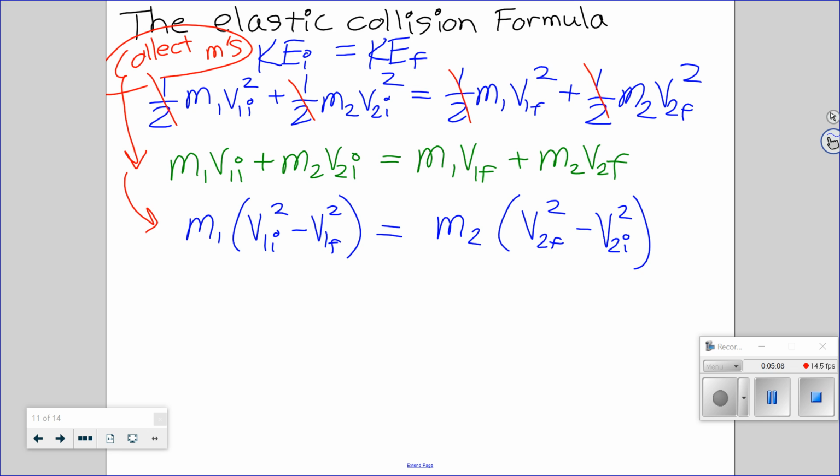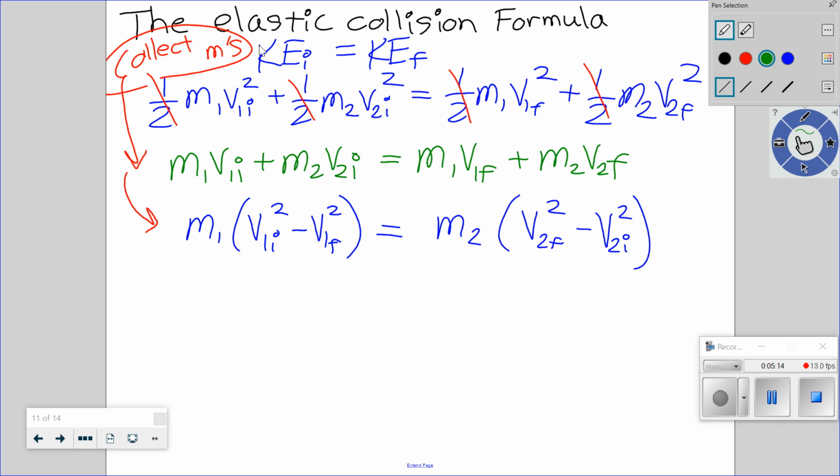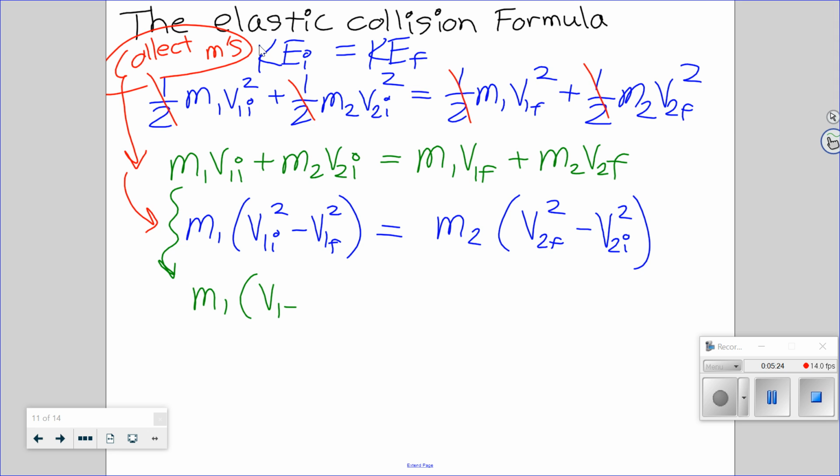Okay, but let's do that to the momentum equation too and see what happens. So I do my M1 term. So I have mass 1 times V1 initial minus V1 final. Looks okay. And over here I've got M2. Oh, that does look okay.